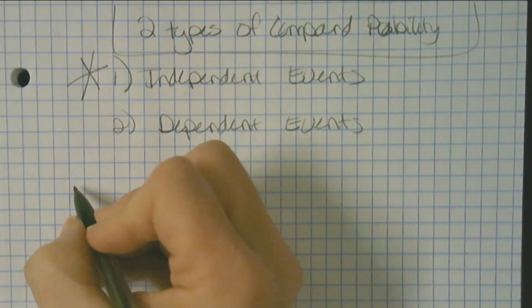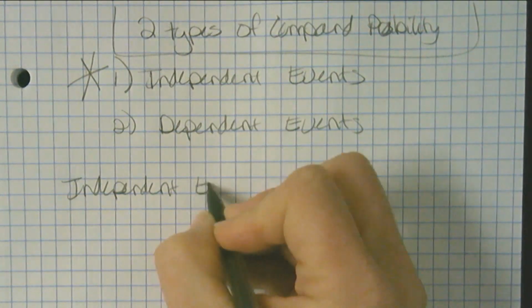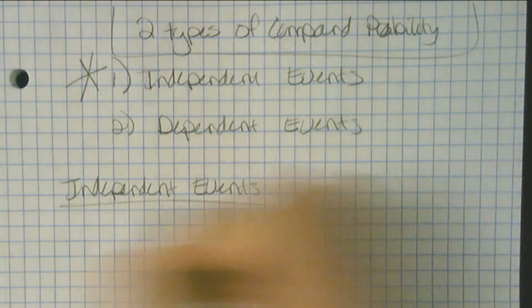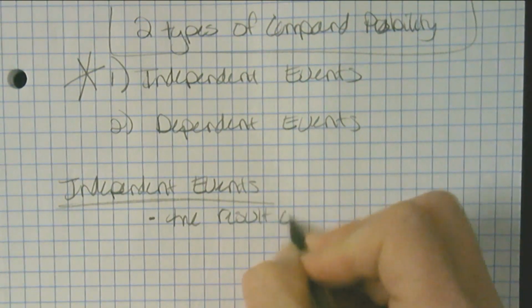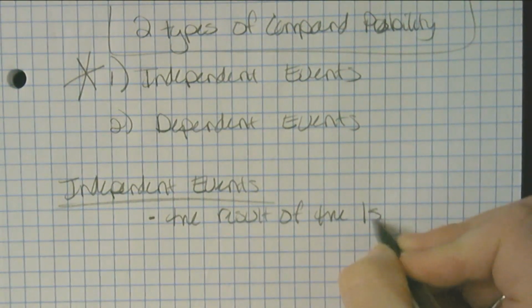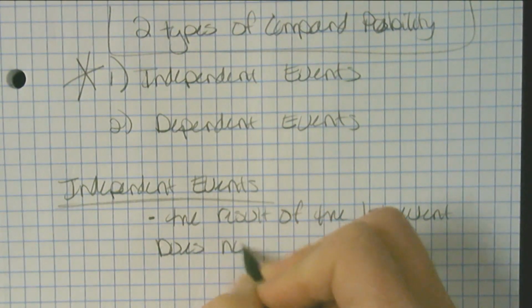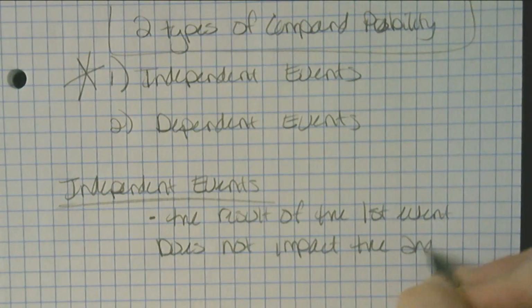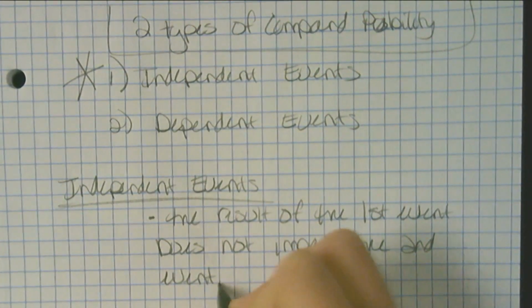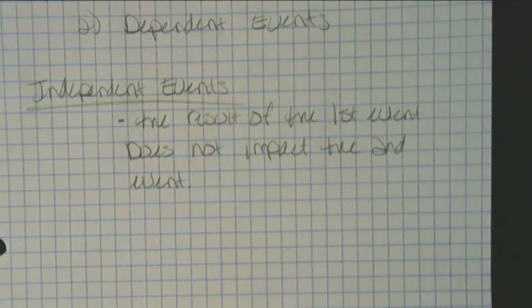All right. Independent events means the result of the first event does not impact the second event. The result of the first does not impact the results of the second.